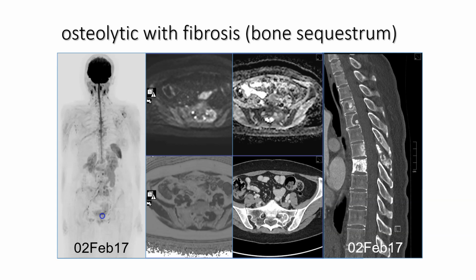You can see that there are areas of metastatic disease that are full of bone, but here you'll notice an osteolytic lesion. Here is another lesion with an area of sequestrum, bone sequestrum in the middle. And here too you'll see that there is some bone sequestrum around this metastatic deposit.